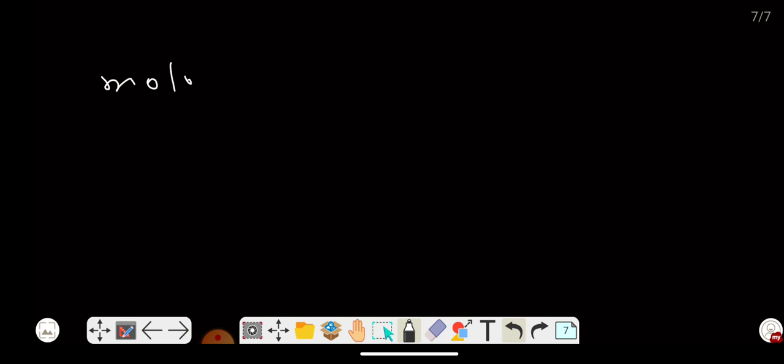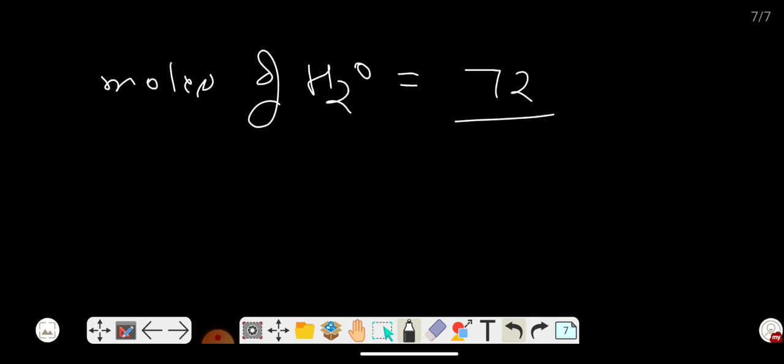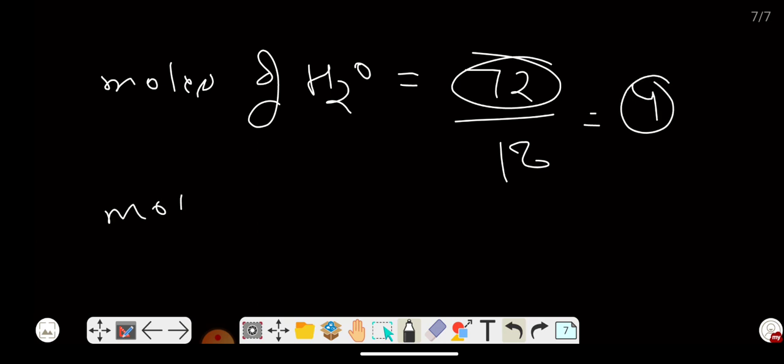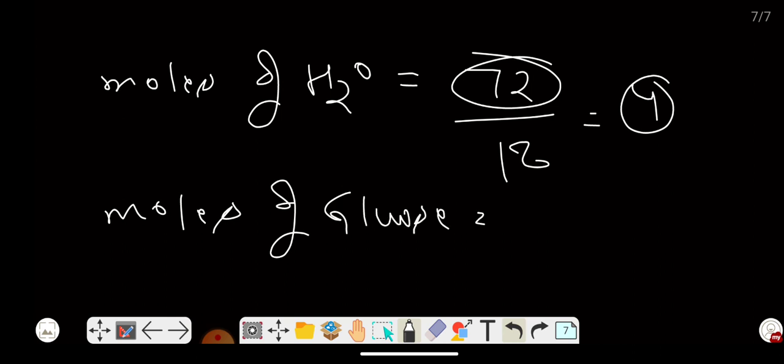Now the moles of H2O is equal to 72, the given mass, upon molar mass 18, which is 4, and moles of glucose is equal to given mass, that is 540 grams, upon molar mass of glucose, which is 180 grams.